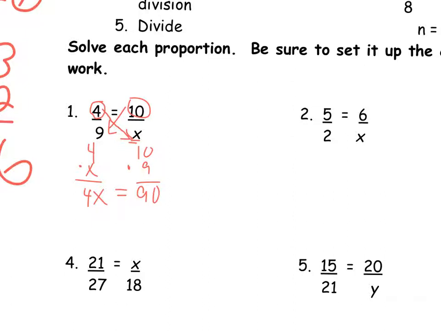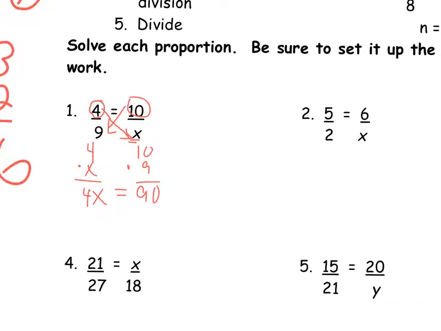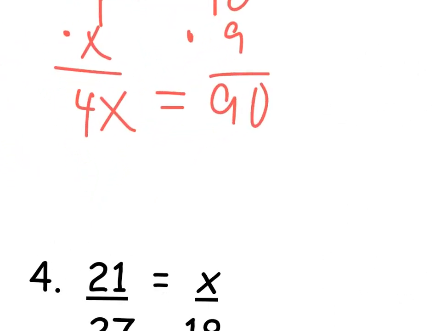Now we're not done yet because, as when we solved equations earlier this year, if I'm looking at 4x equals 90, I still have to solve for this x. I haven't gotten x by itself yet. So from earlier this year, if I have 4 times x, I have to do the opposite operation. The opposite of multiplying times 4 is to divide by 4.